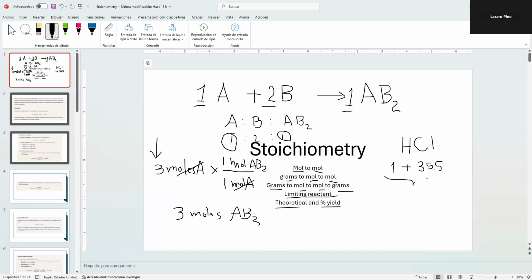Then altogether, the molar mass of hydrochloric acid is 36.5 grams per mole.